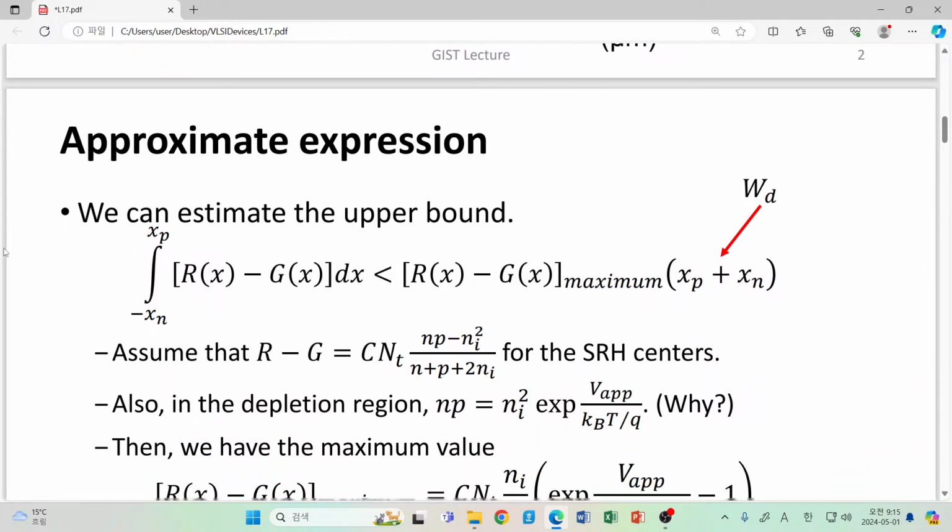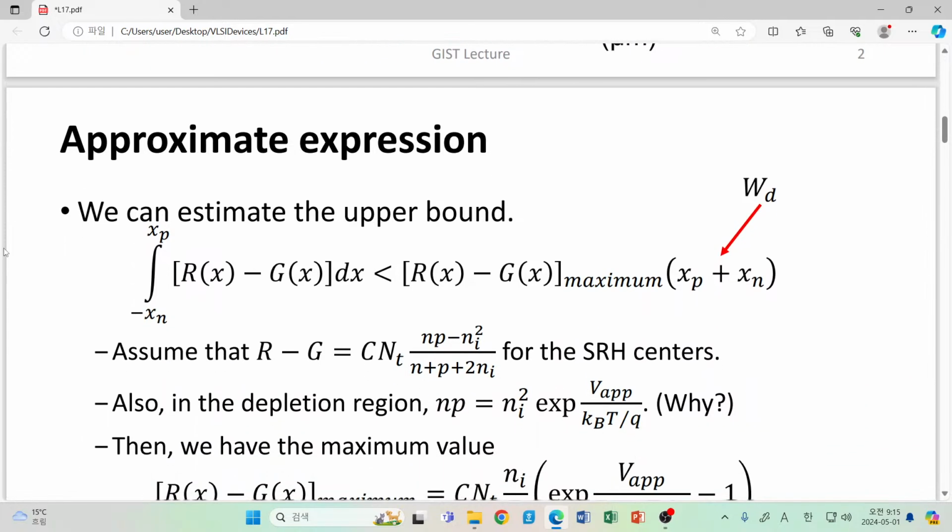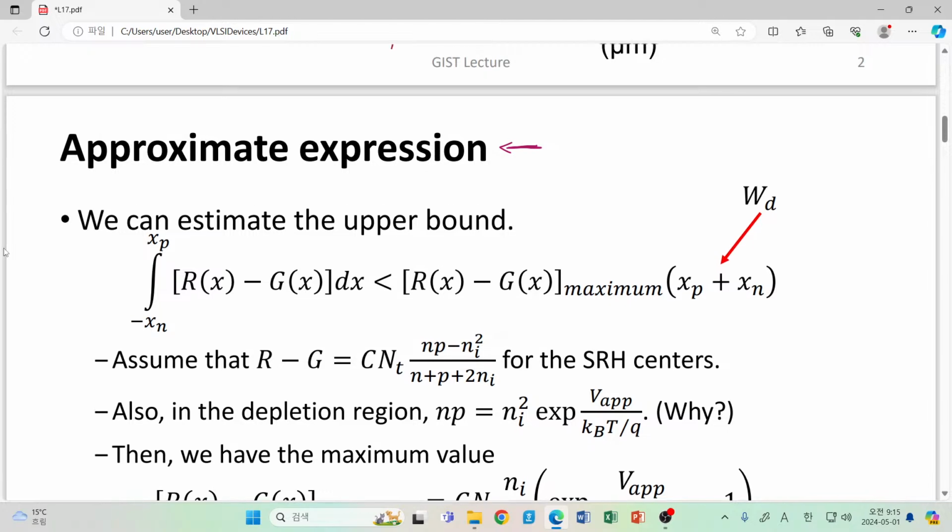So instead of that, in our textbook, we introduced a quite reasonable approximation. Please note that this current component is not a wanted one. Do I like this recombination component? No, because it is just an unwanted one.